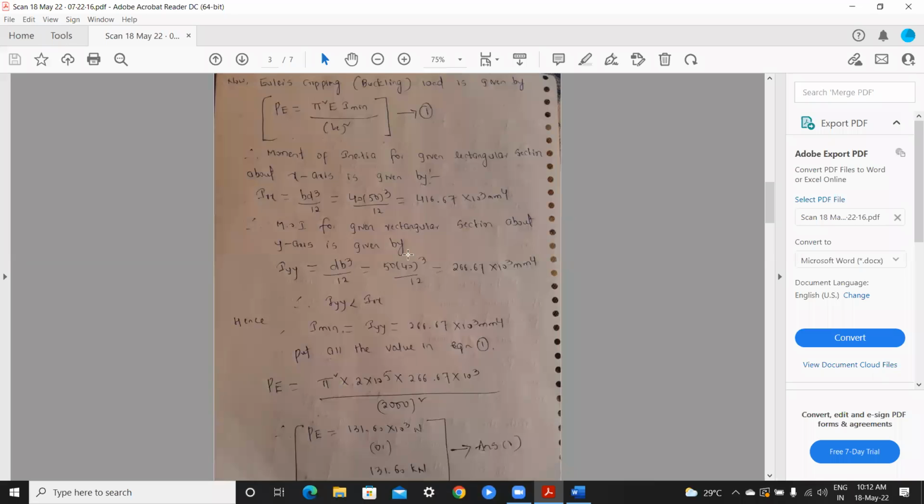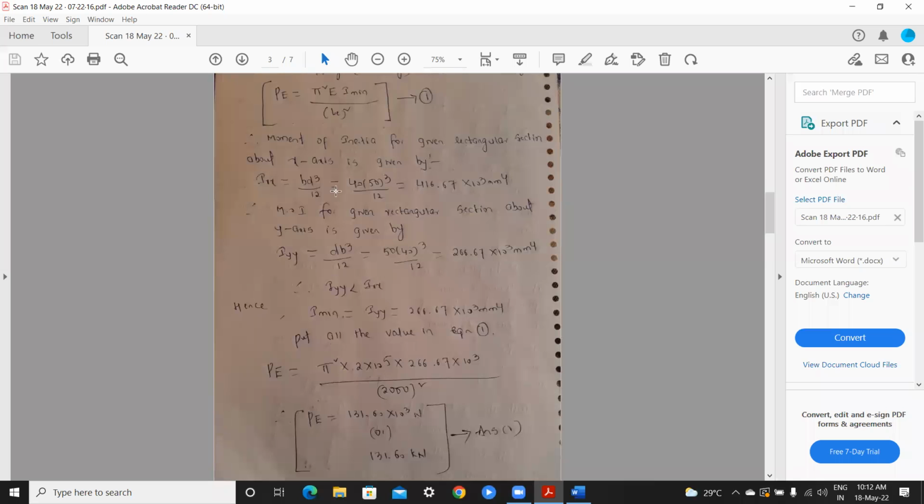Next, the moment of inertia for the given rectangular section about the y-axis is given by Iyy equal to DB cube by 12. Here we are taking breadth cube, so we got 266.67 into 10 cube mm power 4. As Ix is greater compared to Iyy, we take Iyy as the I minimum value. So I minimum is equal to Iyy, and we put all those values in equation 1.